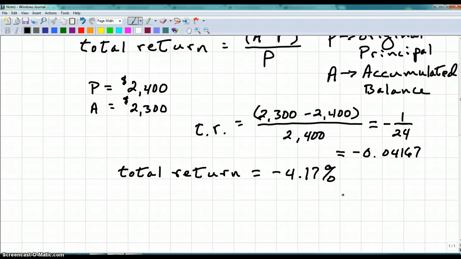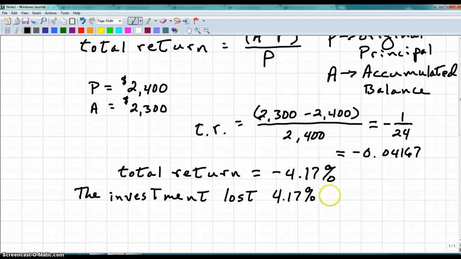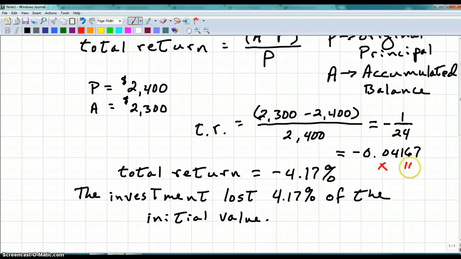That means that my investment lost 4.17% of its initial value. Now remember, we got that because we multiplied this value right here by 100. And that's where we get this percentage from.